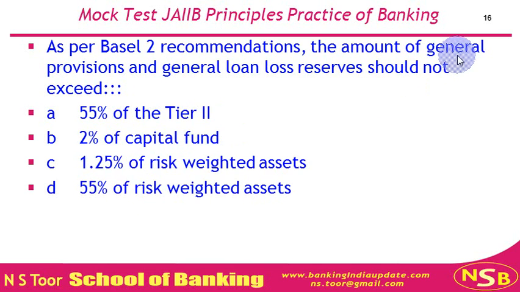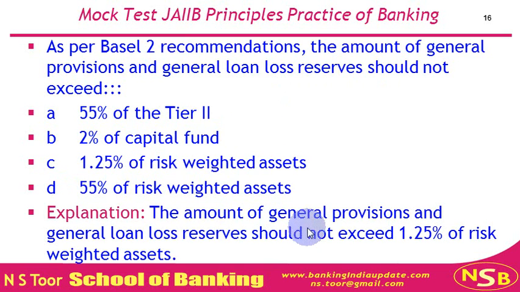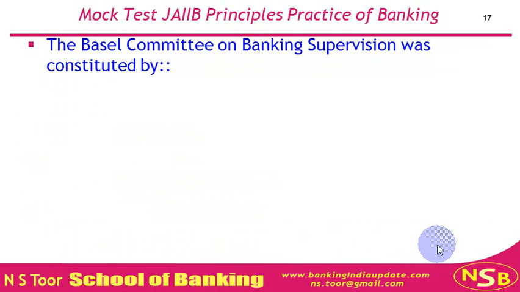The amount of general provisions and loan loss reserves should not exceed 1.25% of risk weighted assets. This is a requirement of Basel II as implemented by the Reserve Bank of India. Hence option C is our answer.